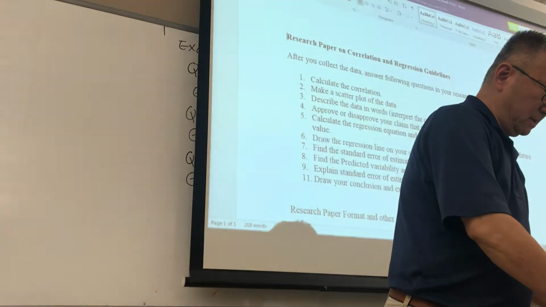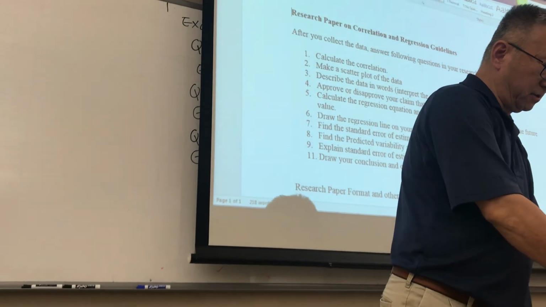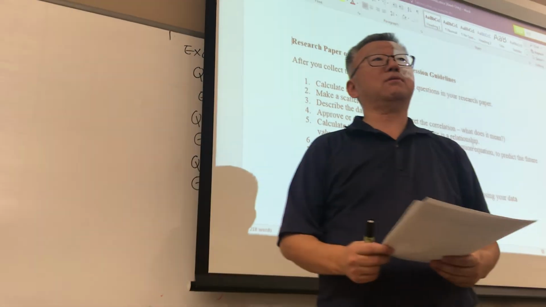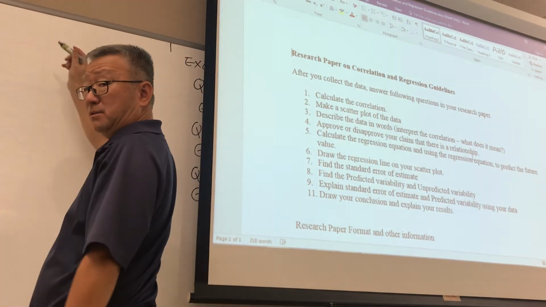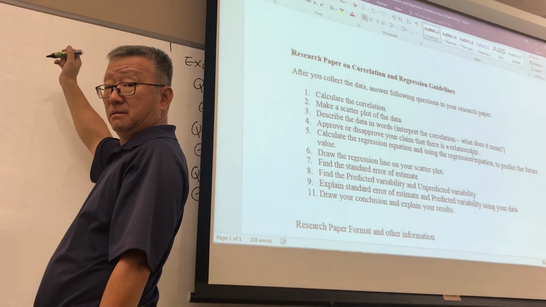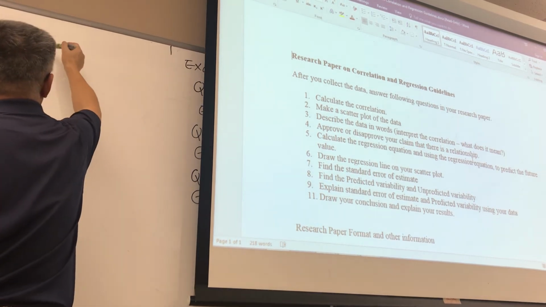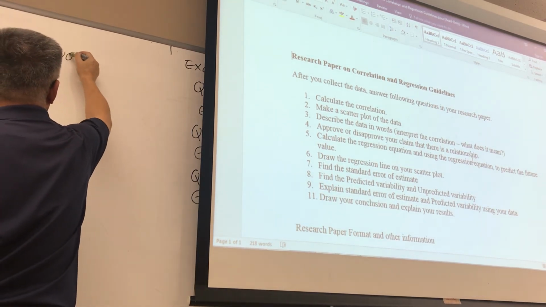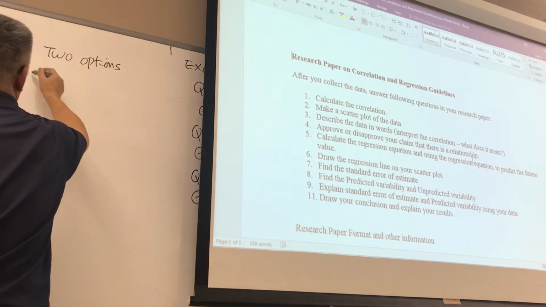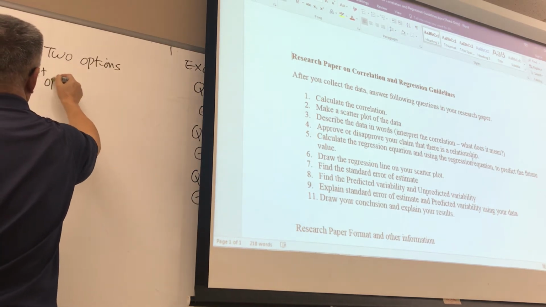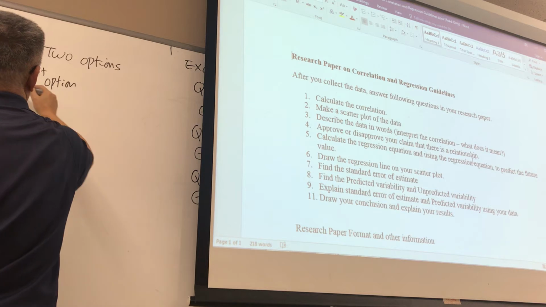So, let's look at the research paper now. You have options of grading. There are 2 options. The first option is all or nothing.